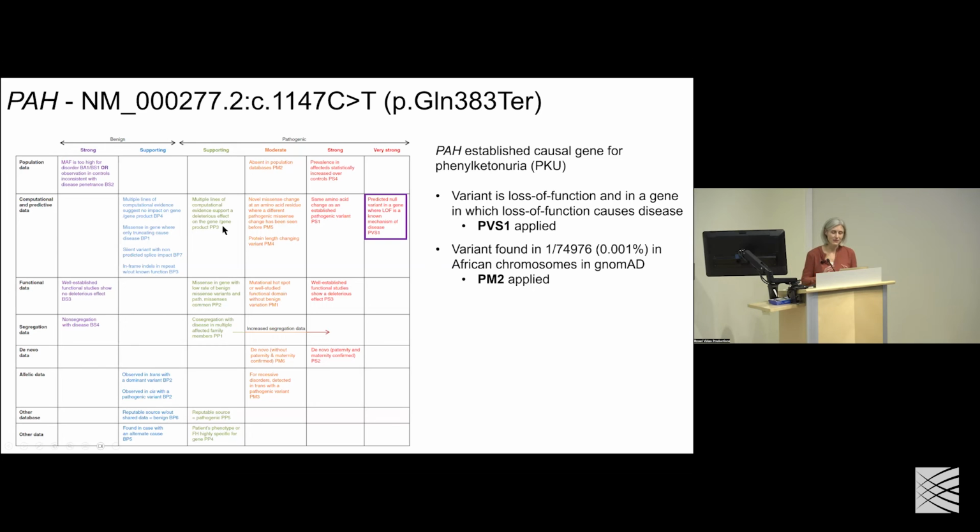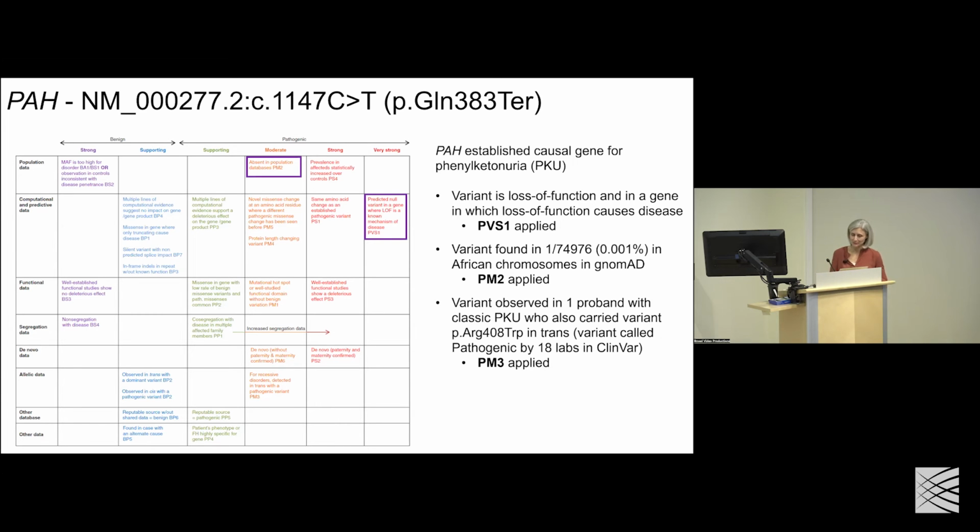So in the 2015 guidelines, this allows us to apply the PM2 criterion. I'm caveating that a little bit because there has been some evolution in thinking about this code, and we now only apply it at a supporting level, but we're going to go with what the 2015 criteria say for now and apply PM2.